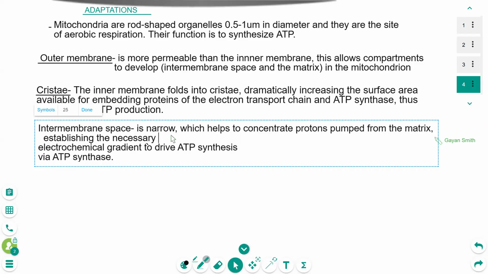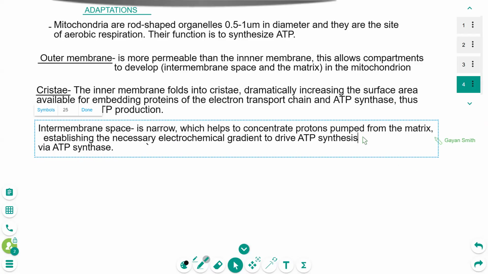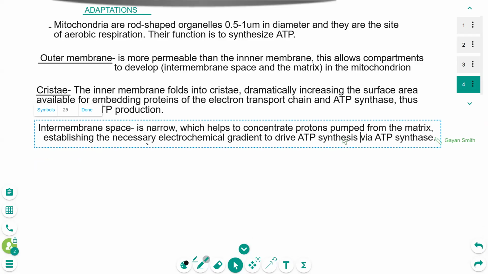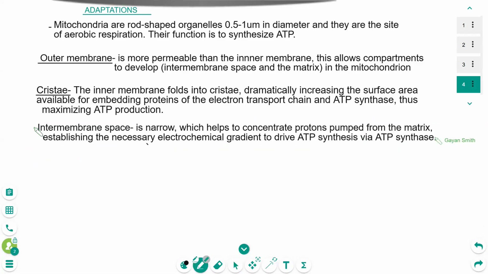This establishes the necessary electrochemical gradient to drive ATP synthesis via ATP synthase.